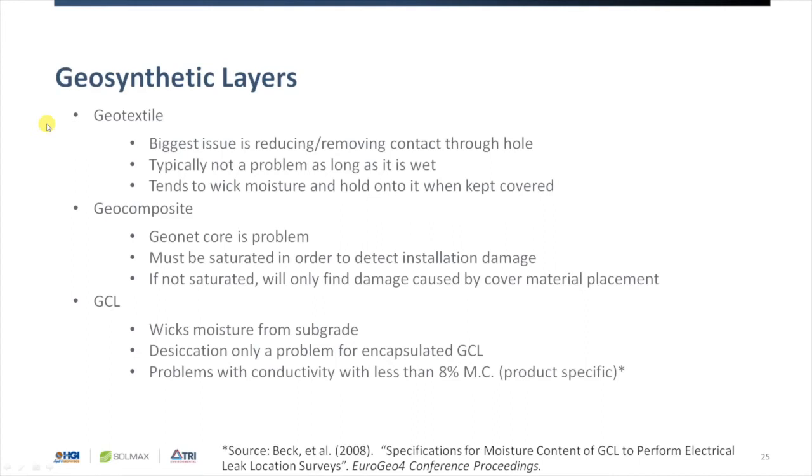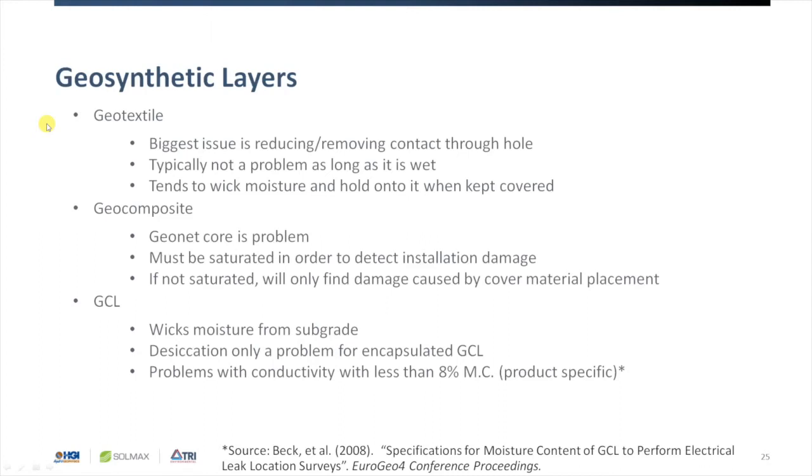So if you don't cover it with the primary geomembrane right away, it can definitely desiccate beyond the point where it will carry current. GCL coming out of the factory is typically at a moisture content that's conductive. This is something that's product specific. If you want to read more about this, there's a paper with a reference at the bottom of the slide here. But with all of the different types of GCL that I tested for that paper, I found that the lower moisture content for all the products that I tested was 8%.